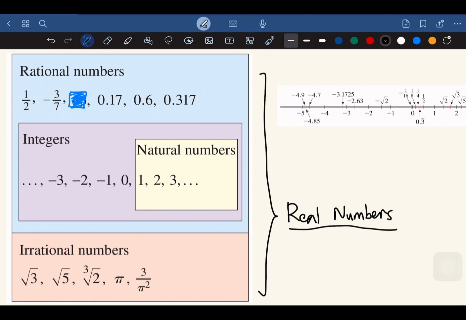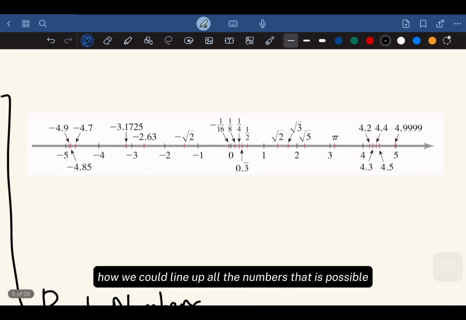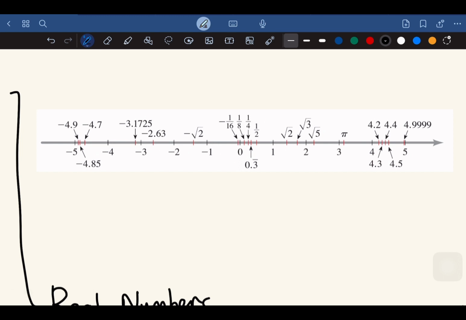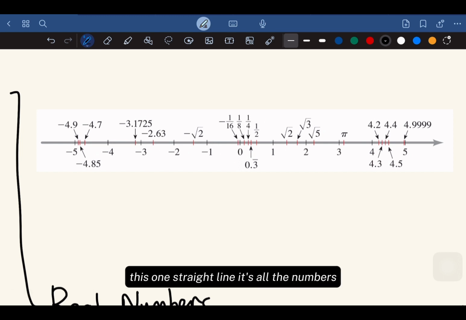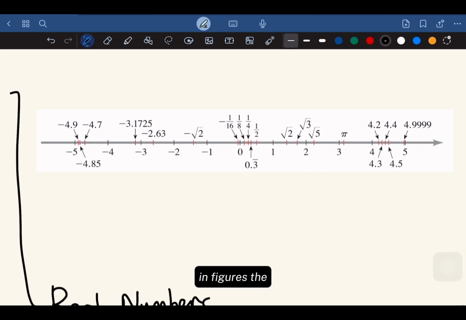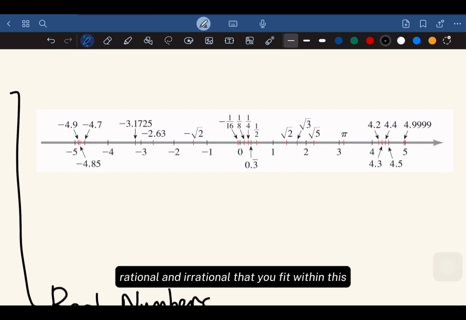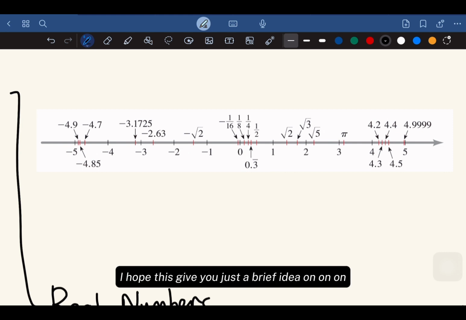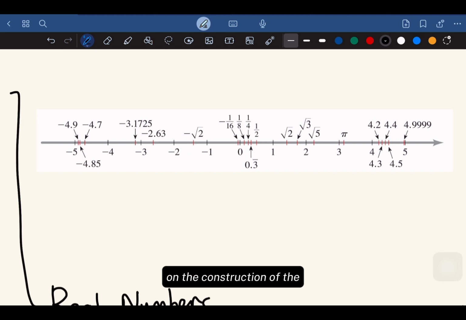We can see how we could line up all the numbers into this one straight line. All the numbers, integers, rational and irrational, can fit within this line. I hope this gives you a brief idea on the construction of mathematics.